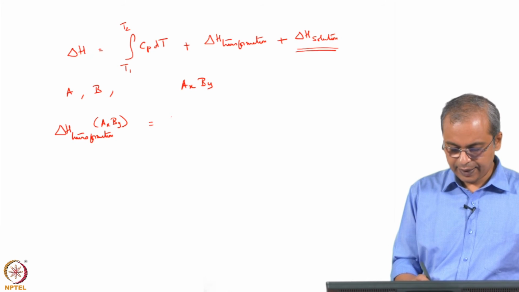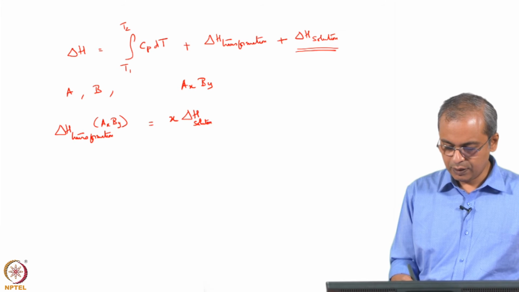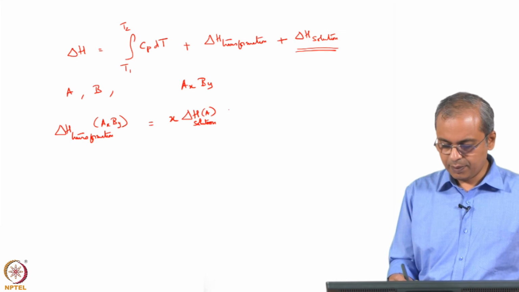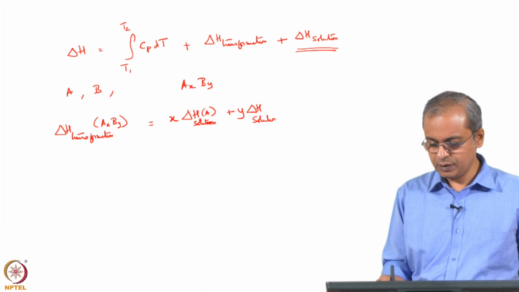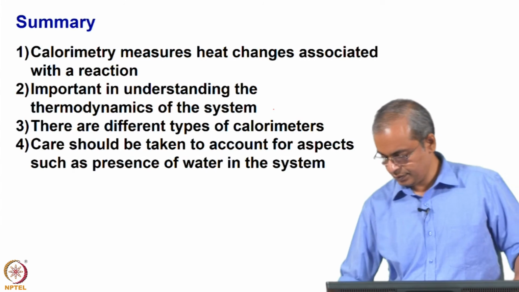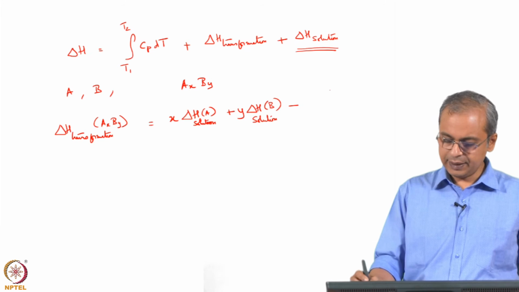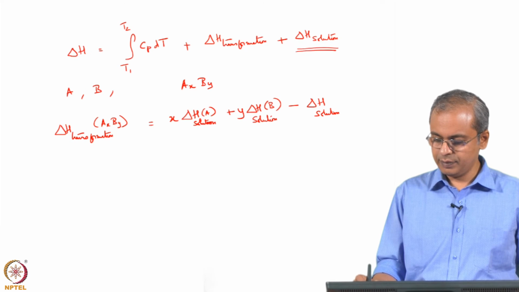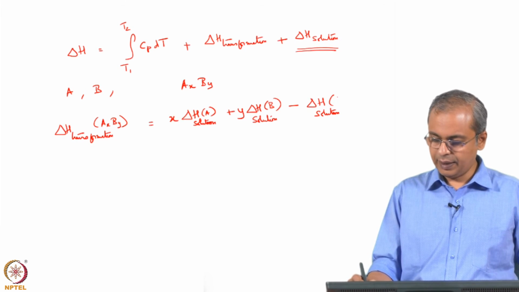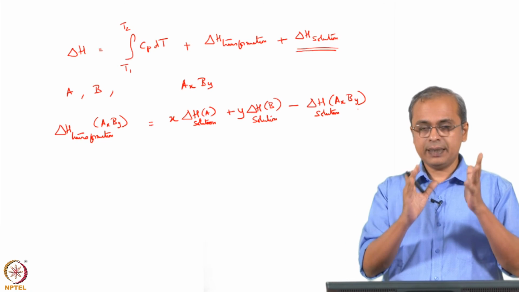equals x times delta H solution of phase A plus y times delta H solution of phase B minus delta H solution of AxBy. So, this is called drop solution calorimetry.